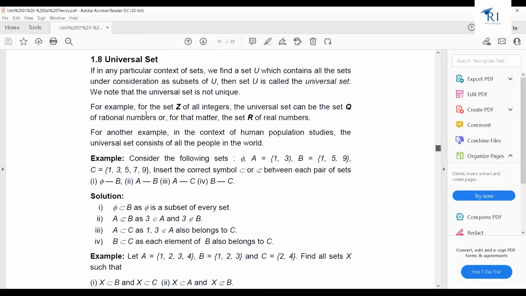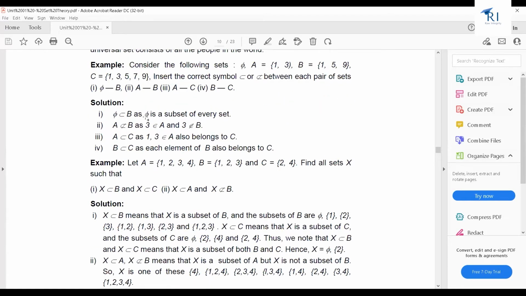This is how we represent an empty set. Can you see it? I highlighted it. This is how we represent an empty set, also called the null set. In this set, there is nothing.